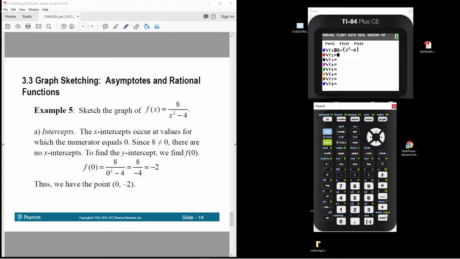Okay, let's see how this graph looks. And let me zoom out.